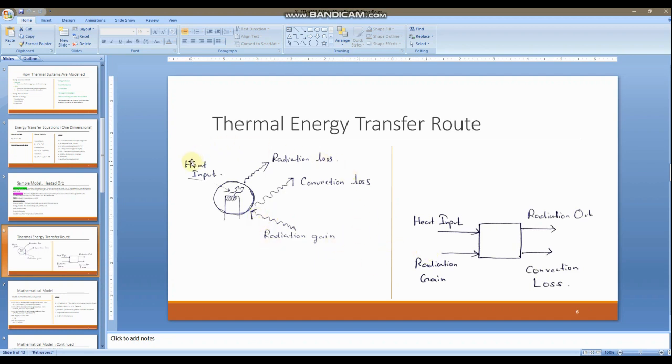Now this is not an extremely formal method of denoting energy transfer, and for that we'll be using block diagrams like this. There's no difference between those two.